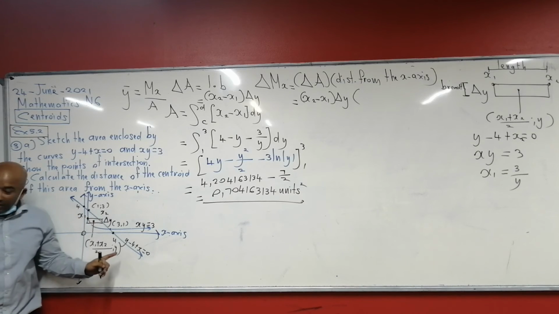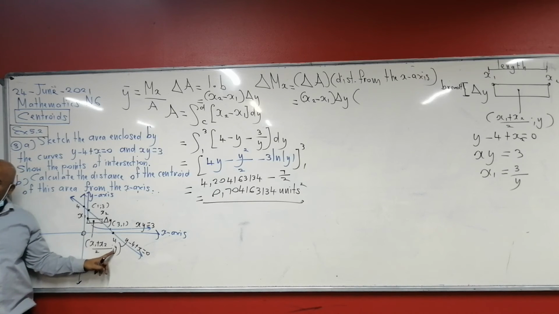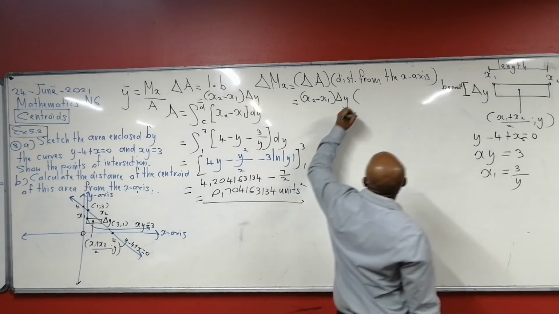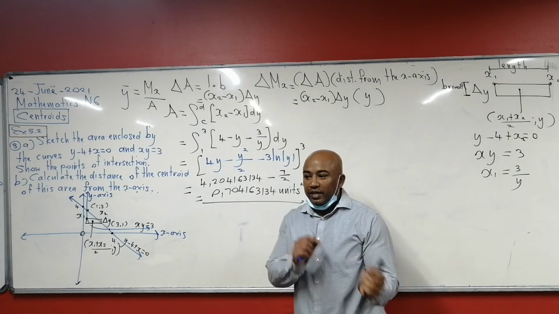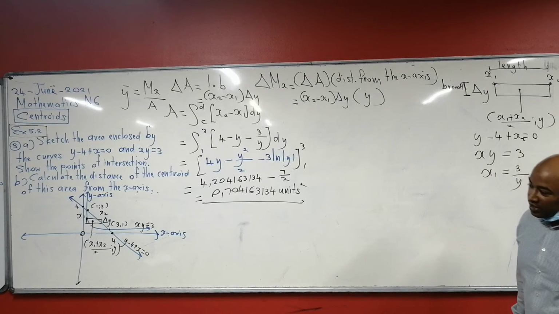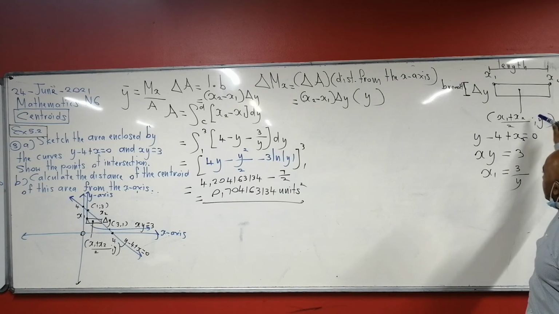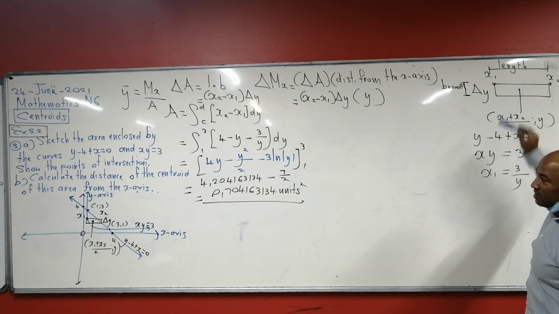So from the x-axis, look at what you label here. From the x-axis will be y. Are you clear with that? So that's going to be y. If I say from the y-axis, it will be the x value. So be careful. You make sure that it's labeled properly. This is the distance from the x-axis. This is the distance from the y-axis.